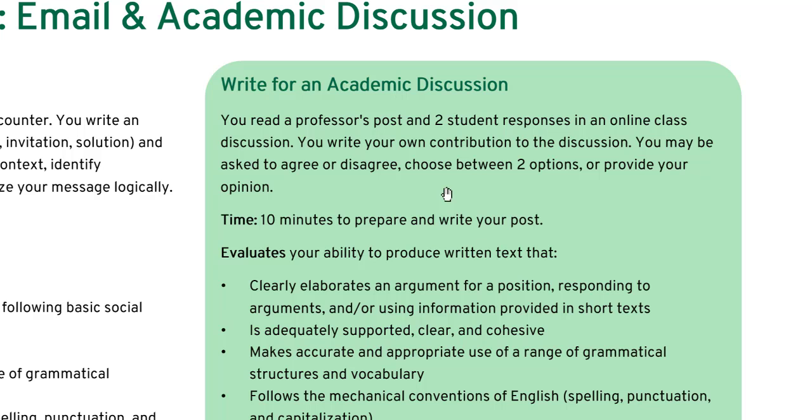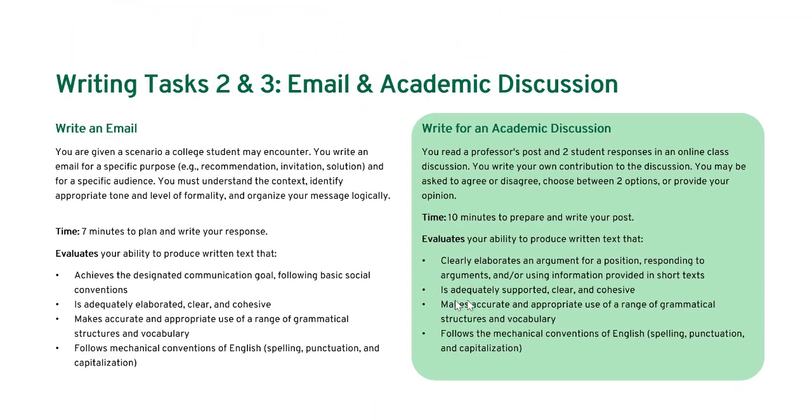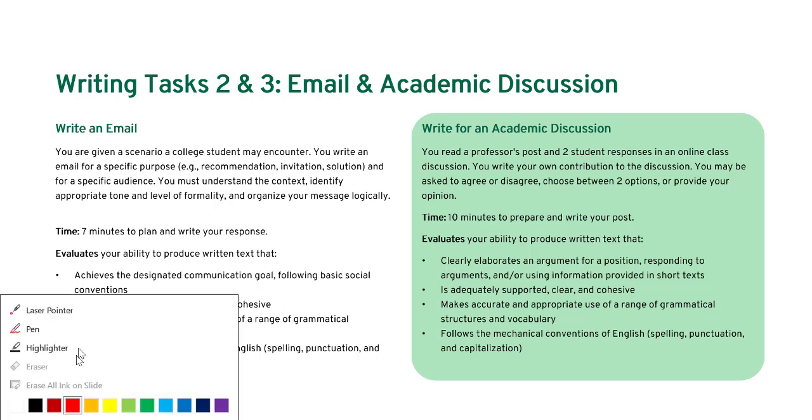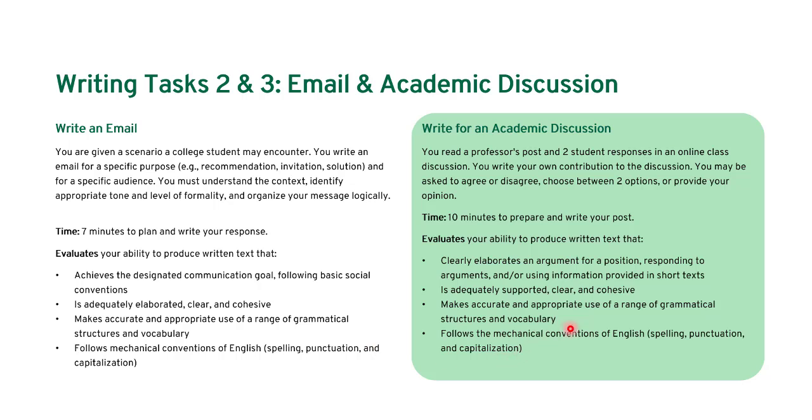So, the overall time which is given is 10 minutes. 10 minutes to prepare and write our response, and the academic discussion task evaluates our response based on these criteria, these areas. First, are we able to clearly elaborate on an argument for a position?